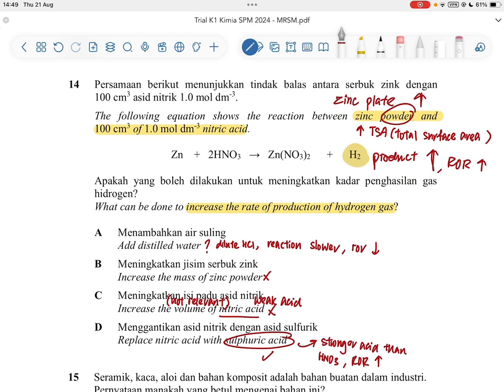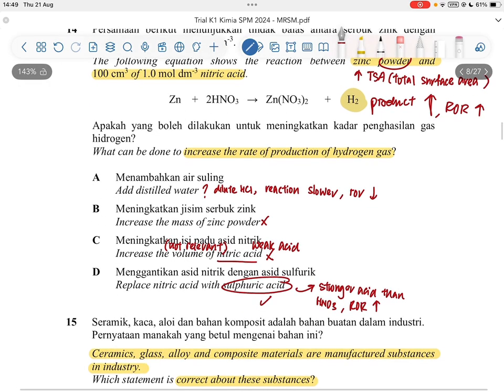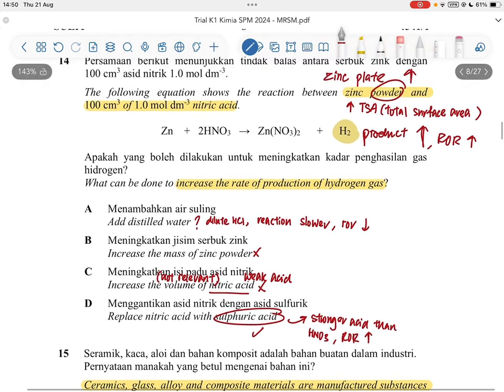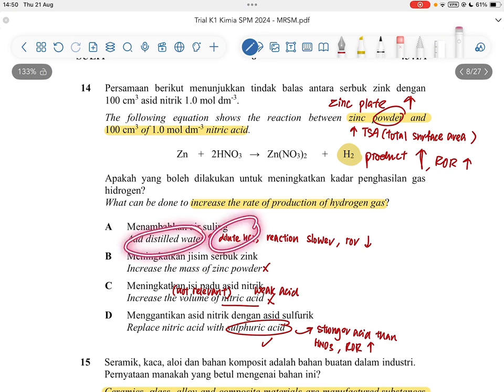Because powder has the largest total surface area exposed to the nitric acid, the rate of reaction will be higher. Let's see the options one by one. For A, if we add distilled water, it will not help increase the rate of reaction, because when you add distilled water, it will dilute the acid.